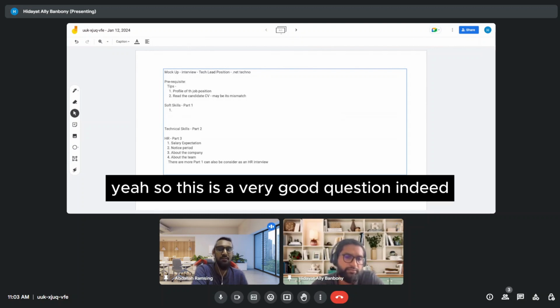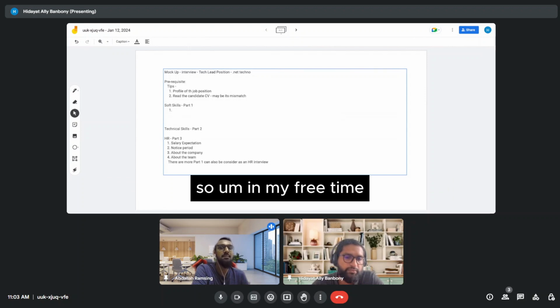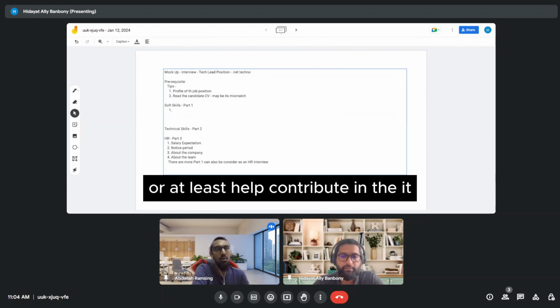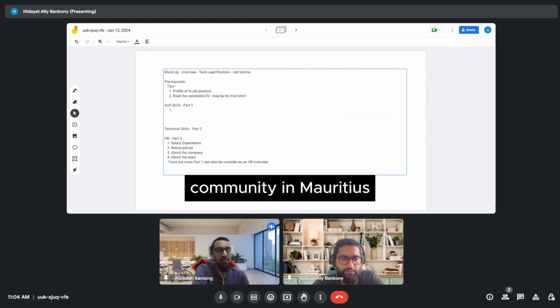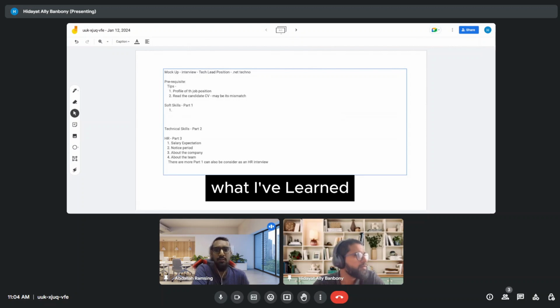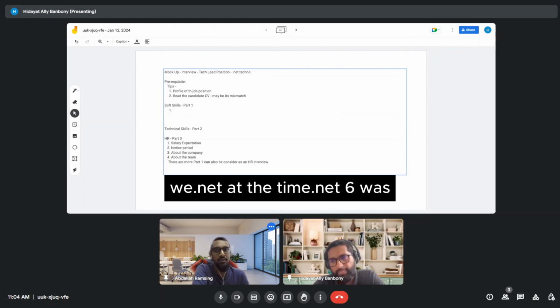Yeah, so this is a very good question indeed. In my free time, apart from work, what I love doing is helping build, or at least contribute to, the IT community in Mauritius. One of the ways I do it is by sharing what I've learned, but also if there's something new, for example with .NET.